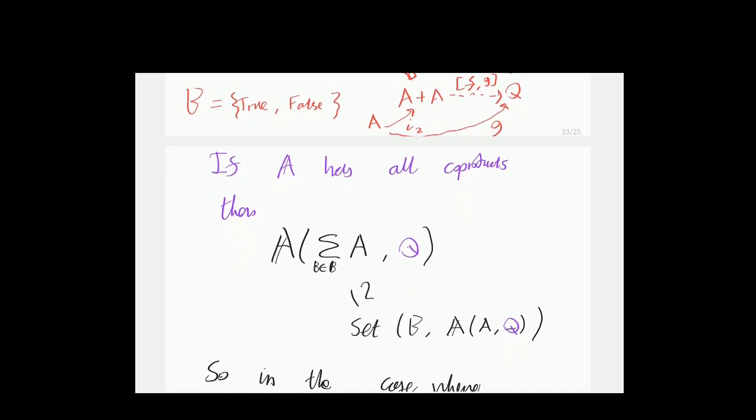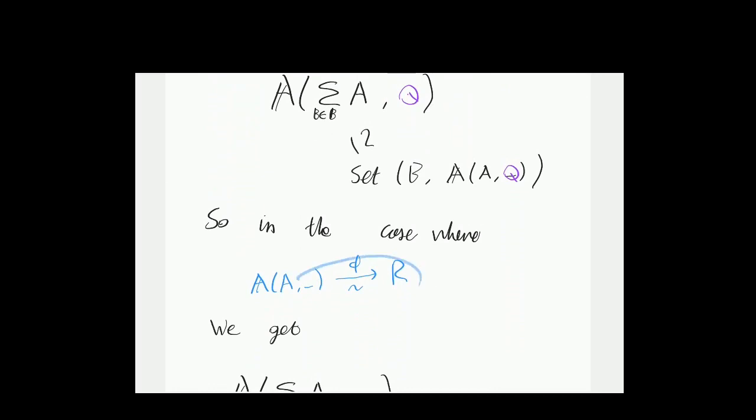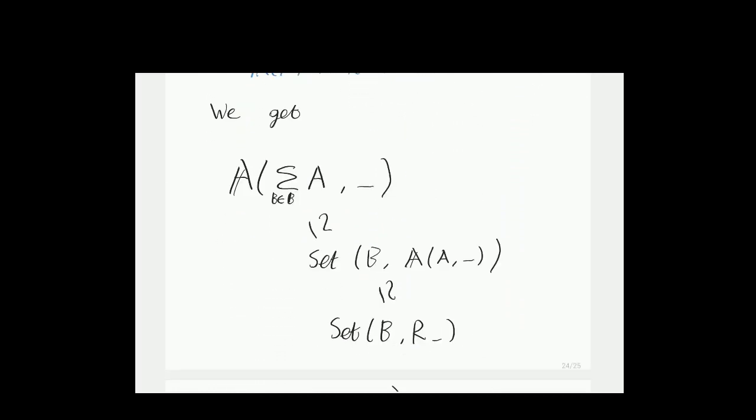And so we can use this to our advantage, because we're assuming that this functor R is representable. Well, we get this isomorphism here, as I've said, because we have coproducts. And then we get this isomorphism here because we have that R is isomorphic to this Hom functor here.